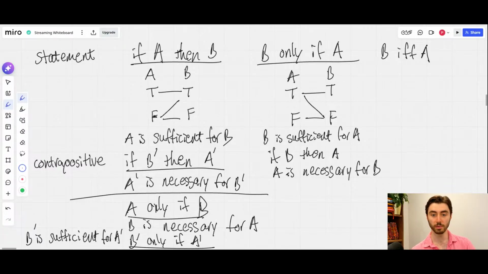So we can get the contrapositive, which is not A only if not B. We can say that not A is sufficient for not B.